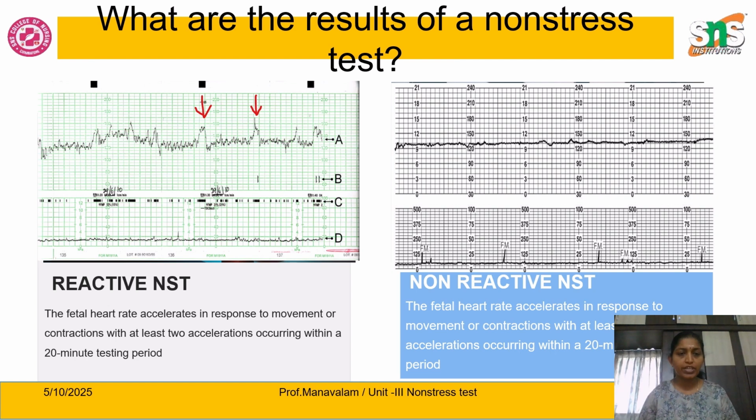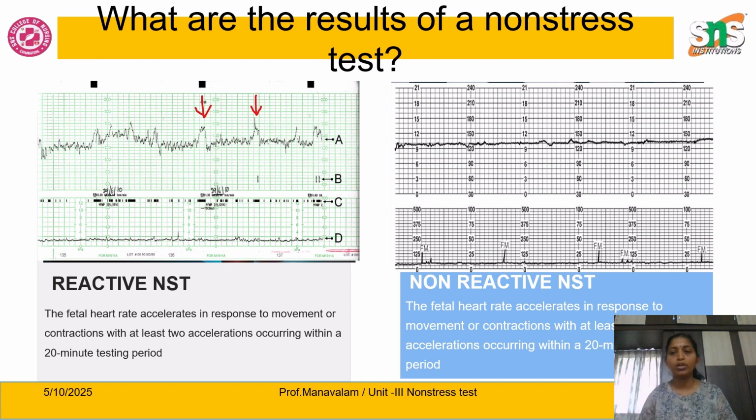According to the reactive NST, the fetal heart rate must have an acceleration in response to movement, or at least in response to contraction. There must be 2 accelerations within a 20-minute period of testing time. According to this graph sheet, there are 2 accelerations present in one 10-minute window period. Next, move on to the non-reactive.